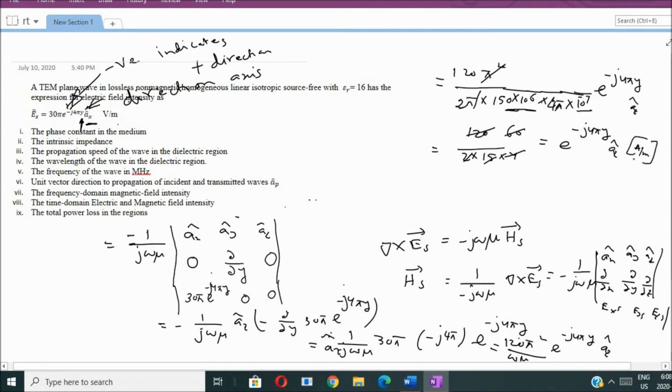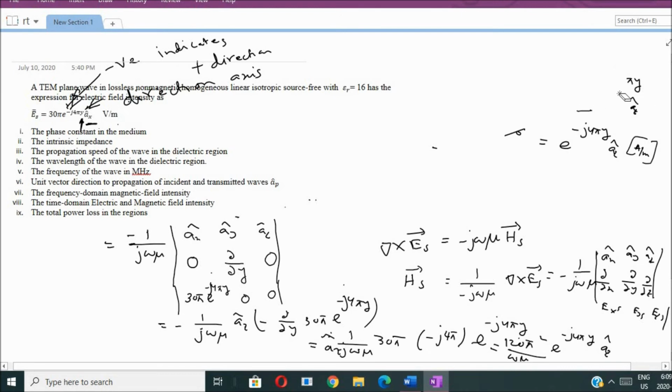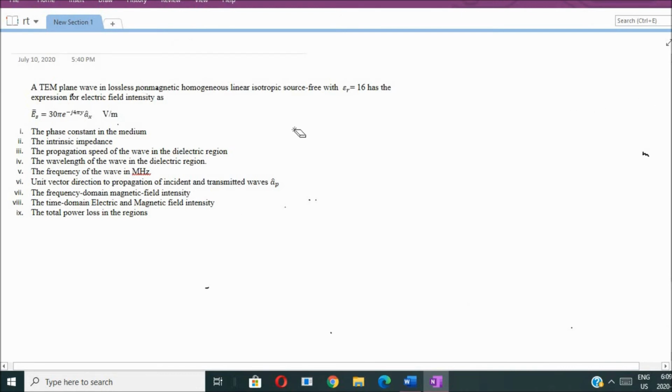So this is a very complex approach for solving this using Maxwell's equation, but we can easily solve this with the TEM equation. So I'll show you how to solve it with the TEM equation. It is a very simplified expression.